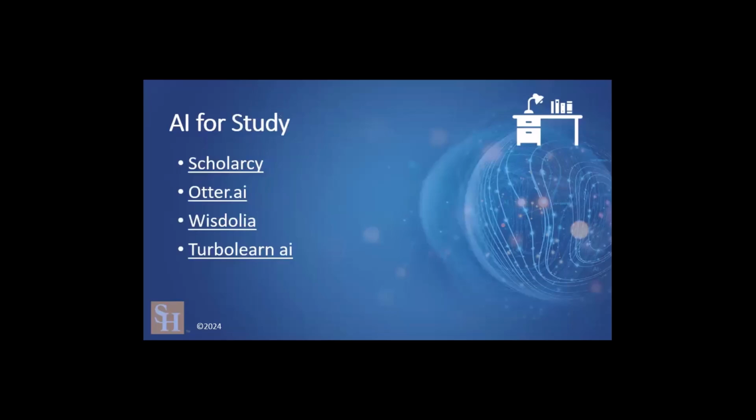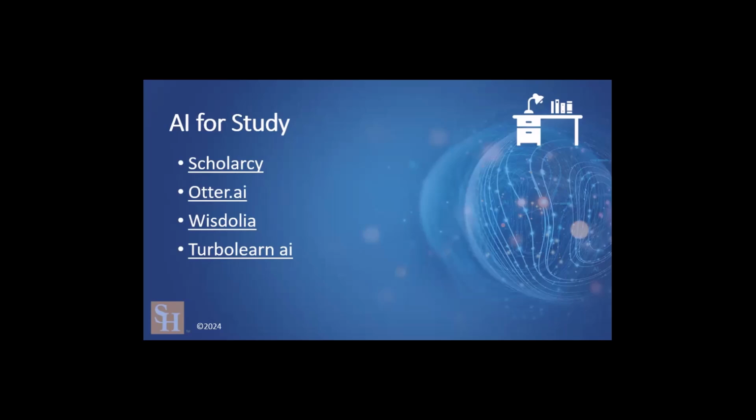Then we have AI tools for study, right? So these study tools are an innovative way to help enhance your study techniques and optimize your learning experiences. What these tools do is they use adaptive algorithms, spaced repetition, and personalized learning strategies to help you guys master your course materials.